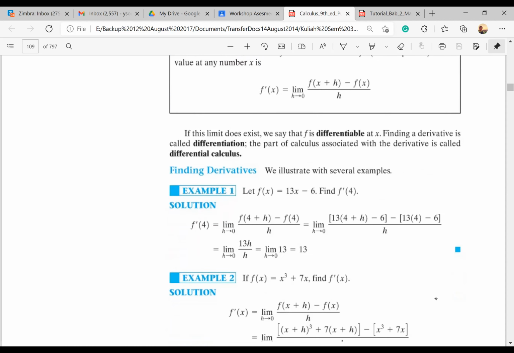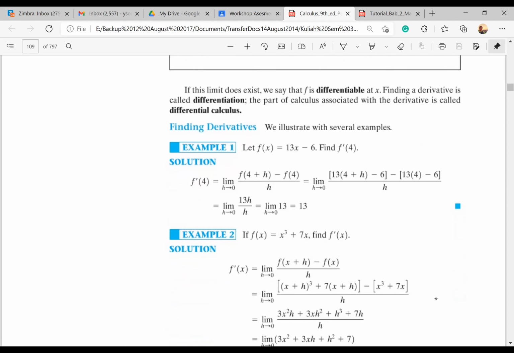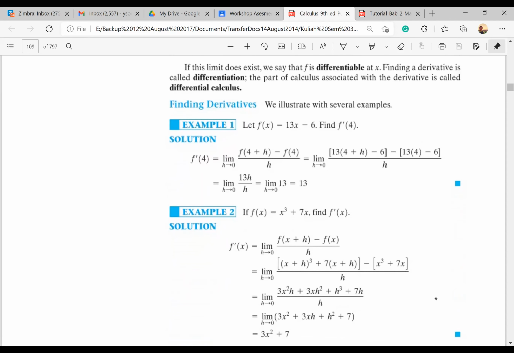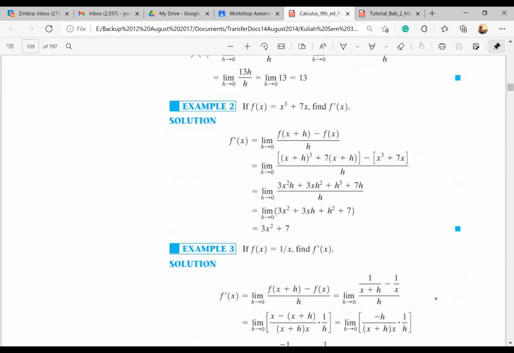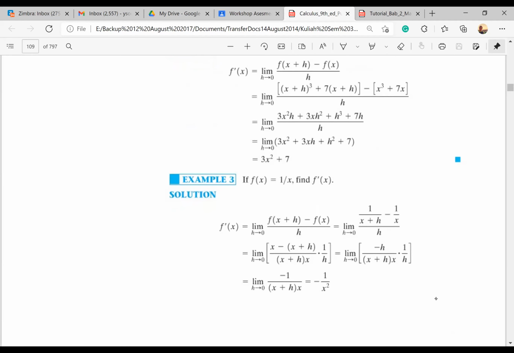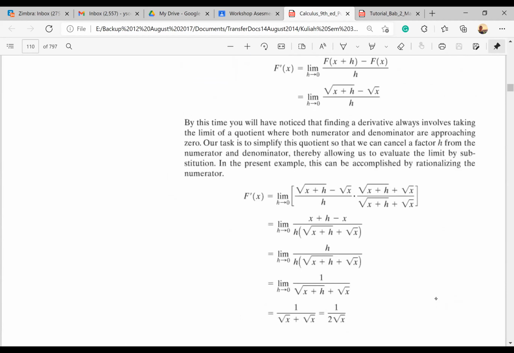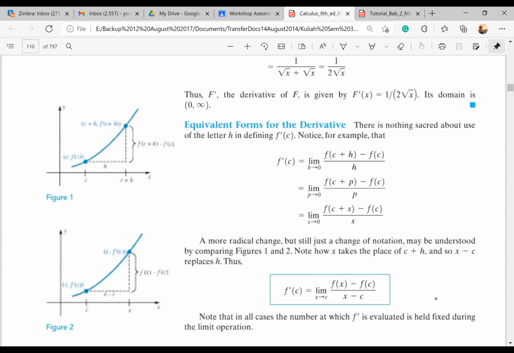All right, so we did this kind of computation: given a function, we find the derivative just using this limit. So let's do more of this kind of computation.